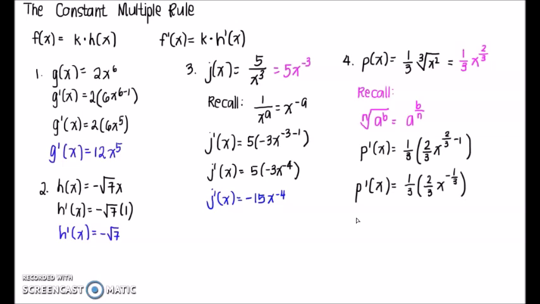So when we simplify, always remember to simplify if it's possible. So the derivative of p of x is equal to 1/3 times 2/3 is equal to 2/9 times x raised to negative 1/3. And that will be our final answer.